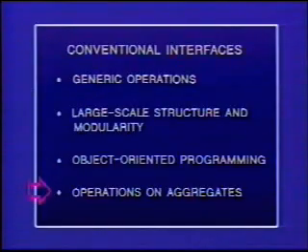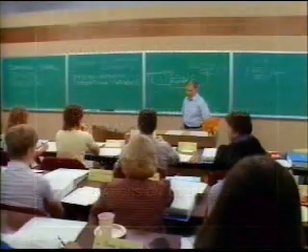And then the second one is operations on aggregates, called streams, where you think of a large system put together kind of like a signal processing engineer puts together a large electrical system. That's going to be our second topic.